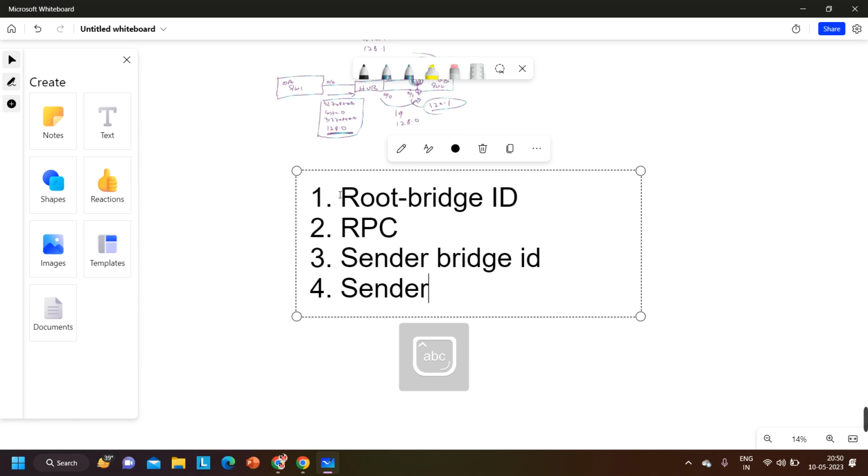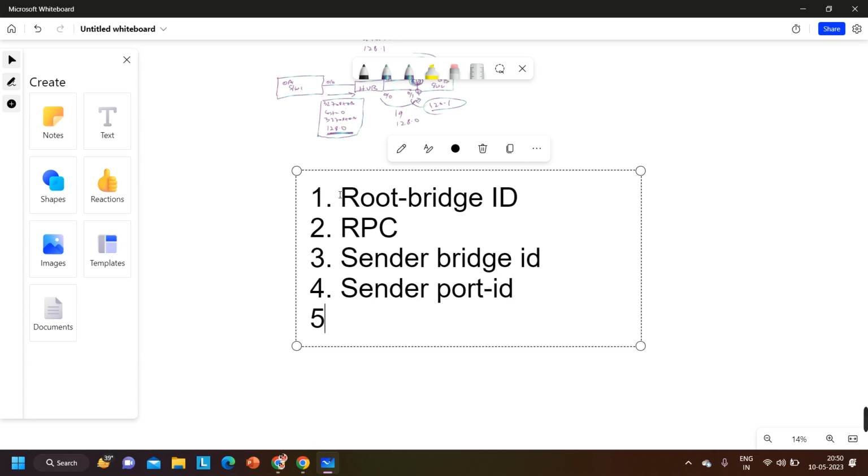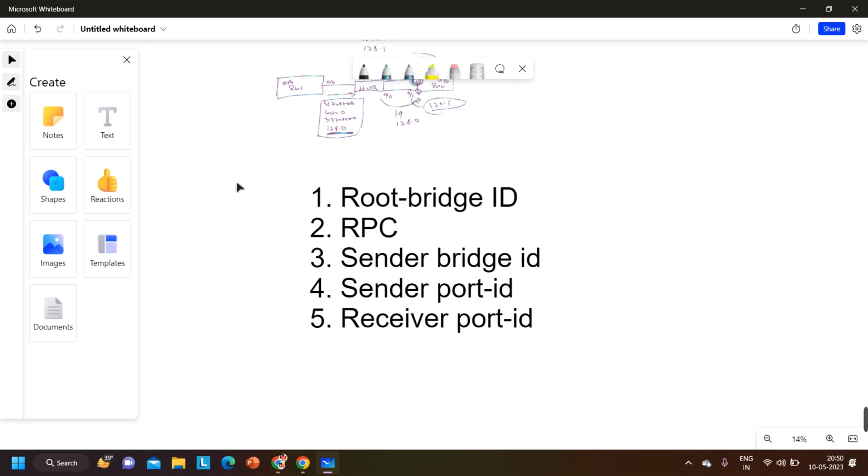Fifth, receiving port ID. These are the election criteria of superior BPDU. Done, guys? Now just give me 1 second.